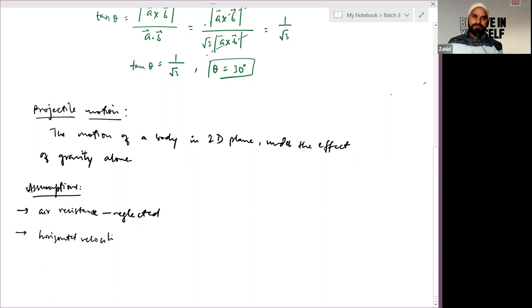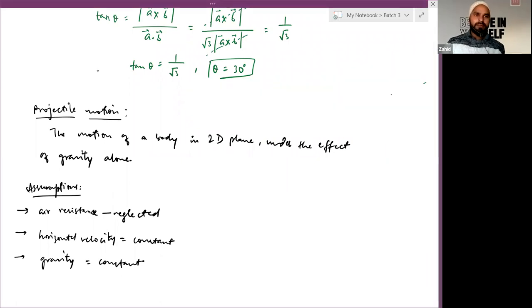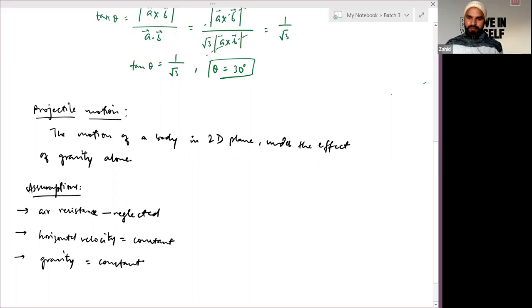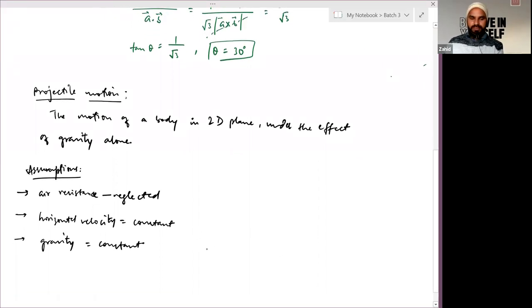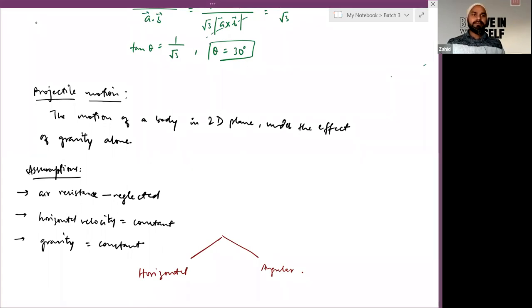And next, the value of gravity is also constant. Now, depending upon these assumptions, we may divide this projectile motion into different parts. One is called horizontal projectile, and the other is called angular projectile. Just write it down till this part, then we'll start horizontal projectile.